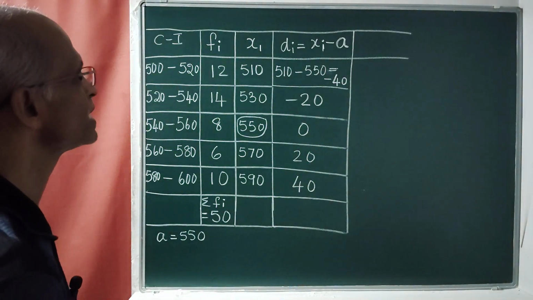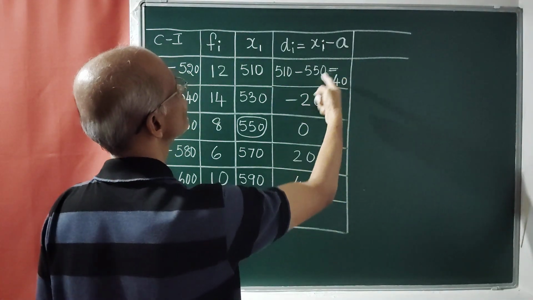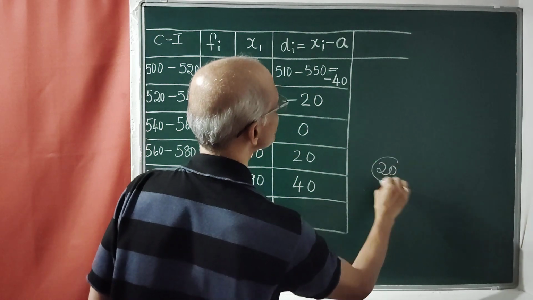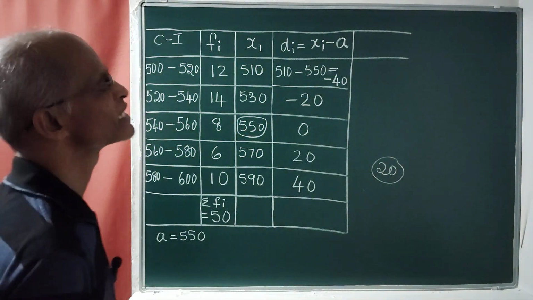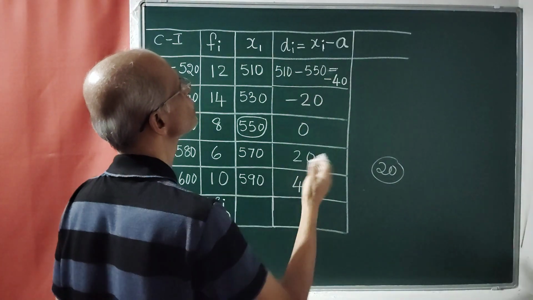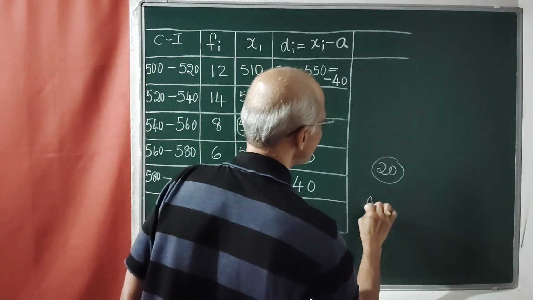Now you can see that there is a common factor for all these di's. When there is a common factor, that is 20 is the common factor for all the di values. So we can go to the step deviation method. Suppose there is no common factor, we should use only the assumed mean method.